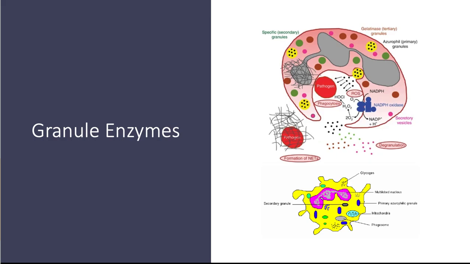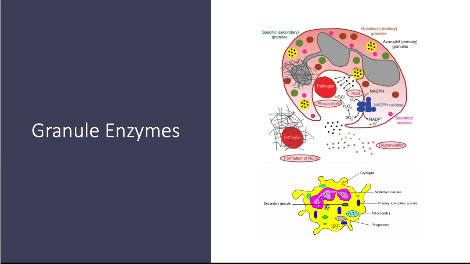The smaller specific or secondary granules contain lysozyme, collagenase, gelatinase, lactoferrin, plasminogen activator, histaminase, and alkaline phosphatase. The larger azurophil or primary granules contain myeloperoxidase, bactericidal factors such as defensins, acid hydrolases, and a variety of neutral proteases: elastase, cathepsin G, nonspecific collagenases, and proteinase-3.